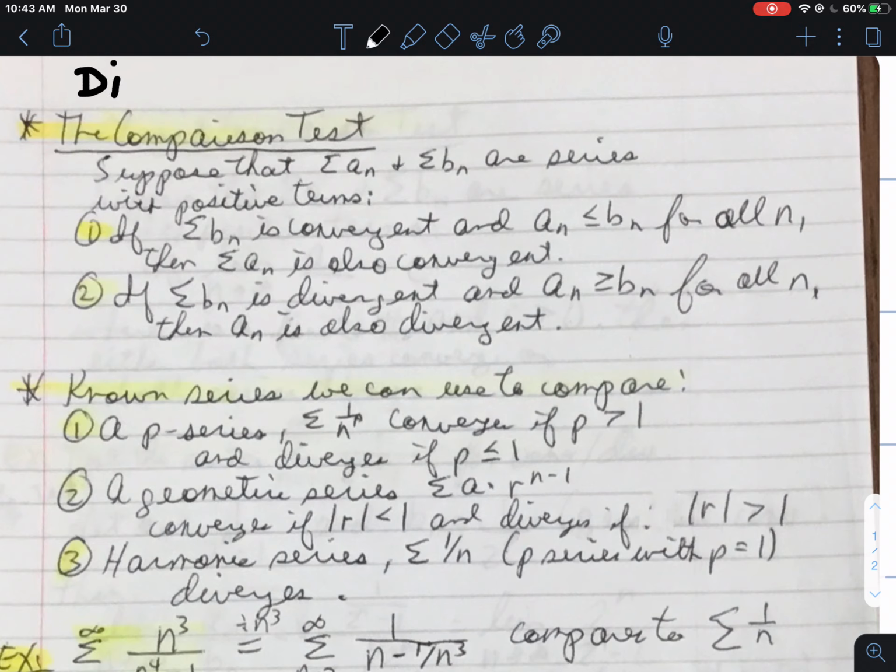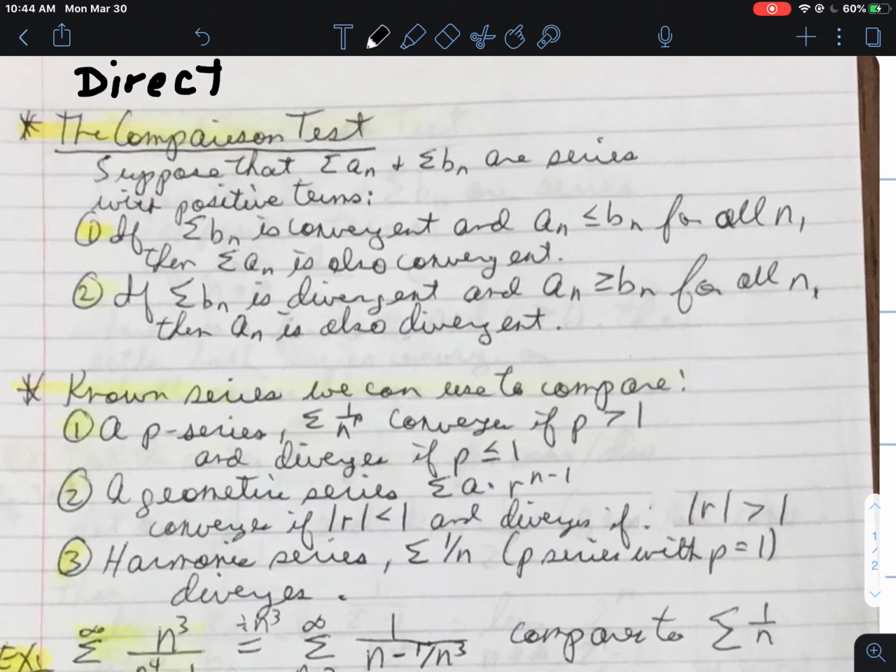Right? So it's just called the comparison test. I like to call it the direct comparison test so that when we talk about the other one, I don't confuse the two. So this is direct comparison. I need to show that my series is either smaller than a convergent series or larger than a divergent series. And that's what the direct comparison test tells us. So suppose that I have a sum of a sub n and b sub n that are series with positive terms. Remember that restriction.